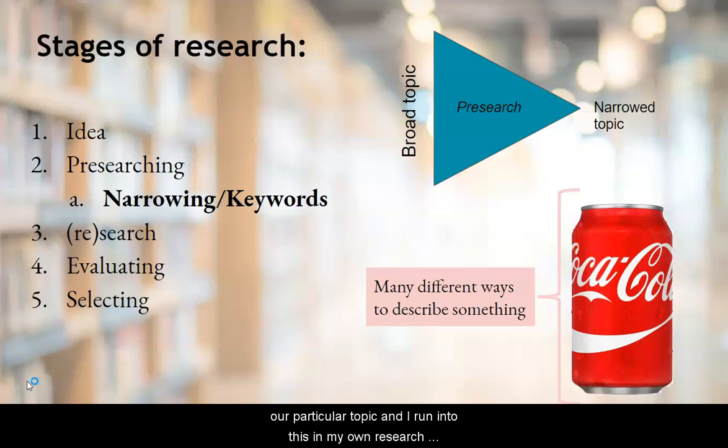I run into this in my own research as well, that sometimes the terminology or the keywords that I'm using to try to find literature on that particular topic are not the keywords or the terminology that is being used by that particular database. A great example might be you're doing research on Obamacare, but you may or may not be finding the results that you want, so you need to expand it by calling it the Affordable Care Act.